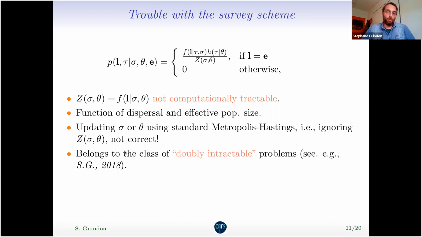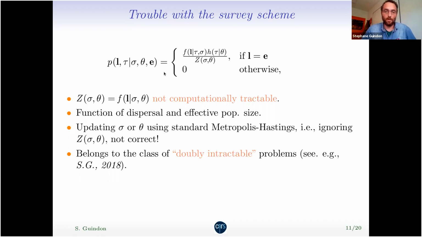And the problem we are facing here, therefore, belongs to the class of doubly intractable problems. So we have an intractable term that is involved in the definition of the likelihood of the model. And of course, we also have another intractable constant involved in the Bayesian formula, the denominator.